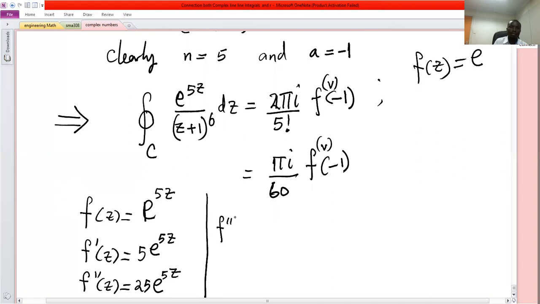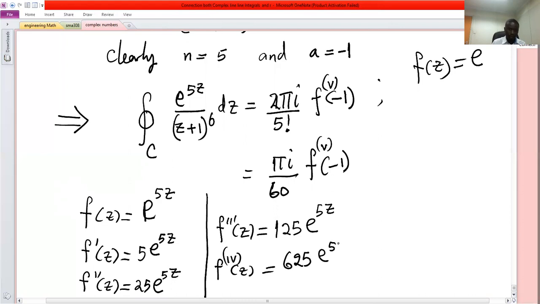Then the third derivative, also differentiate the power and pre-multiply, so we get 125 e raised to power 5z. And then the fourth derivative, you get 5 times 125, 625 e raised to power 5z. And then the fifth derivative, the last one, multiply that answer by 5, and we get 3125 e raised to power 5z.